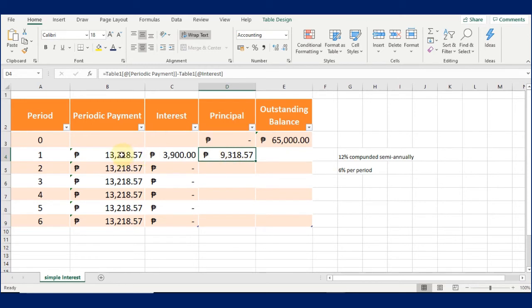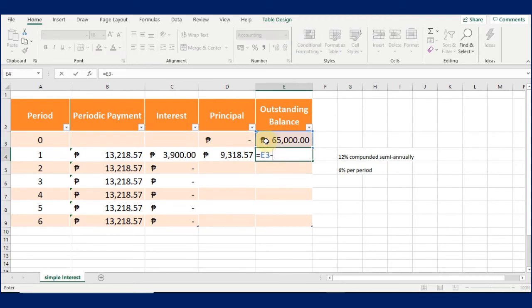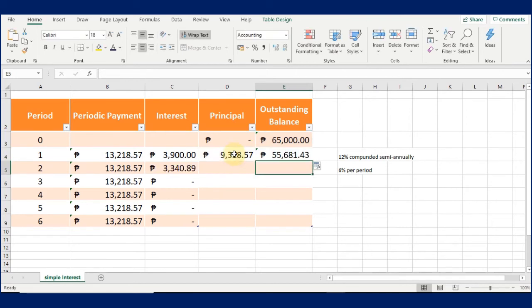It's equal to your periodic payment minus your interest so that this total would be equal to your periodic payment. How much is now your outstanding balance? You will now deduct 9,318.57 from your original loan. So it's this minus this. Okay. And then we will just drag them down the entire column.